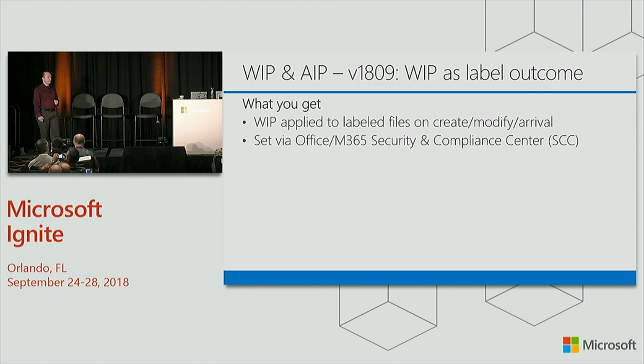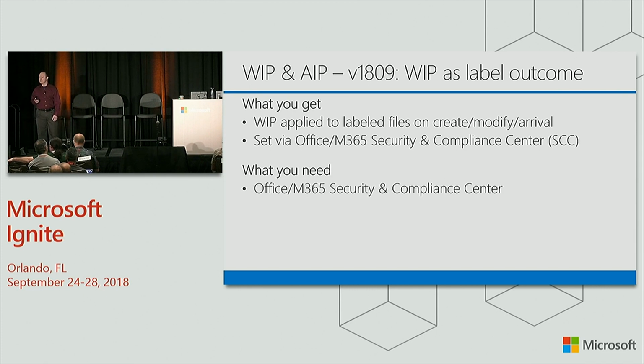Speaking of 1809, what have we done for you lately, right? We did another integration with AIP, MIP labels. What you get is that whenever you create or modify or download a file that has that label, it's automatically set and protected. I didn't show you that, did I? Oh, well, too late. I wiped my device.